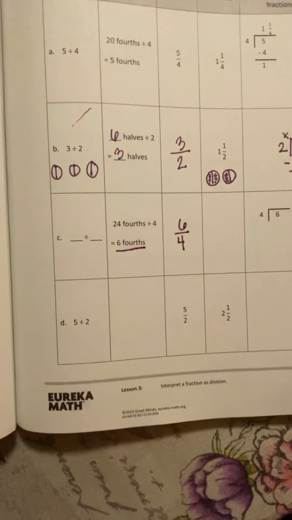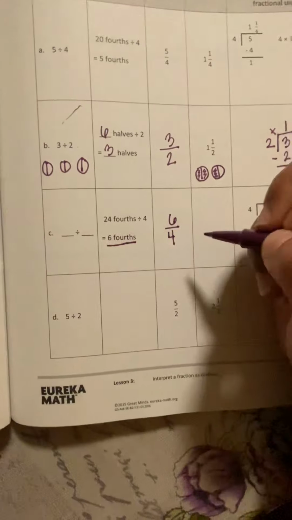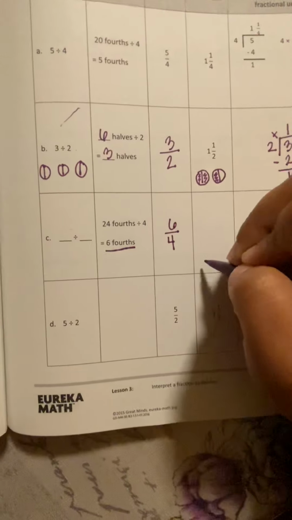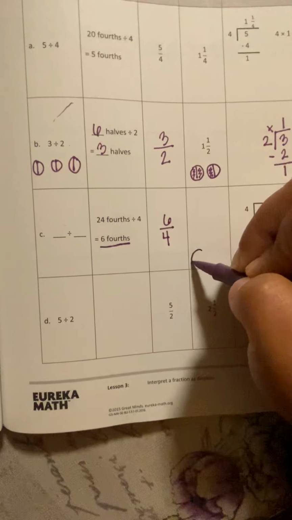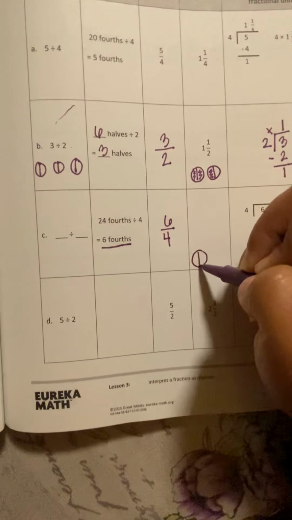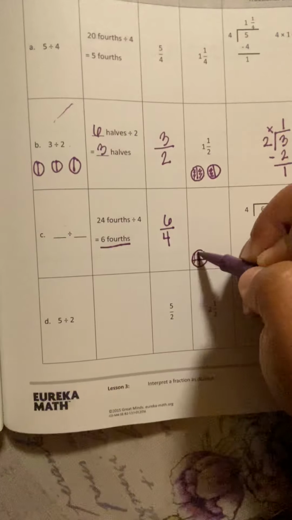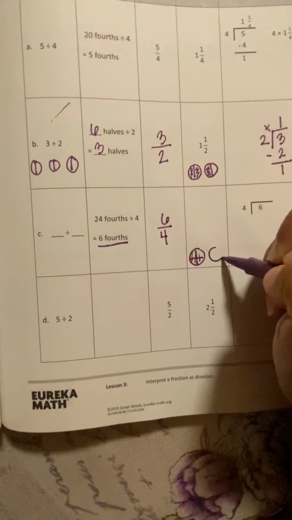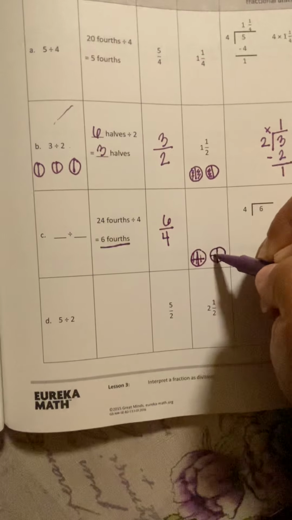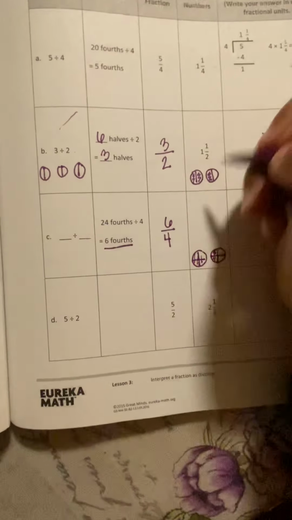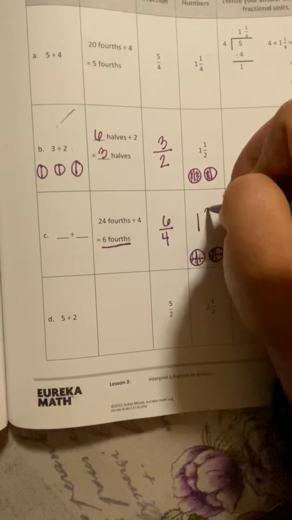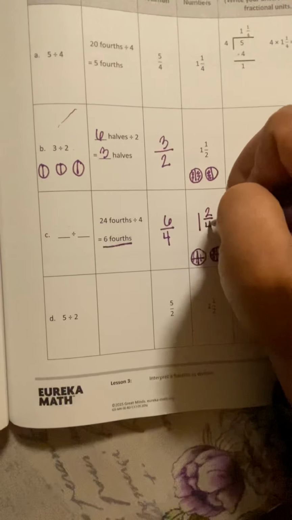And we know how to change this. That means that I ate 6 little slices out of 4. So this one has 4, I ate all of it. And this one also has 4, and I ate 5, 6. So I ate 1 whole and 2 out of 4.